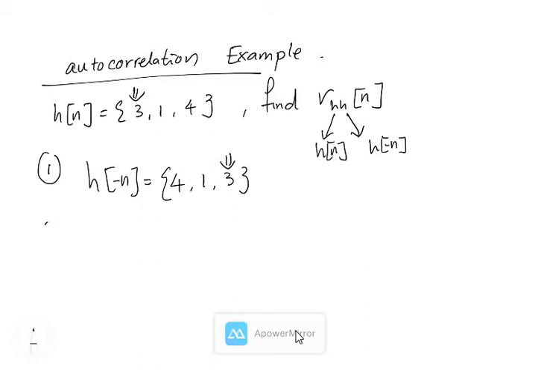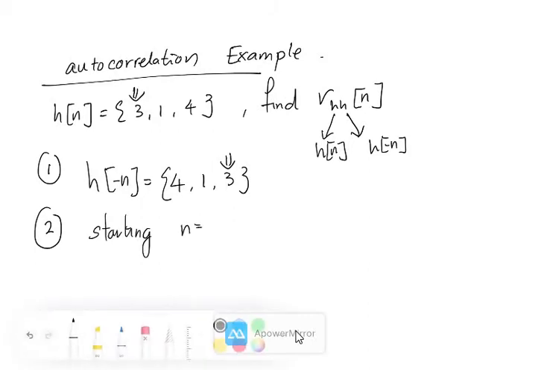Then second step, you find the starting index. If you look here, for the starting index, you have 1 and 2, so you have -2. And the ending index, for n, you have 1 and 2, so you have +2.